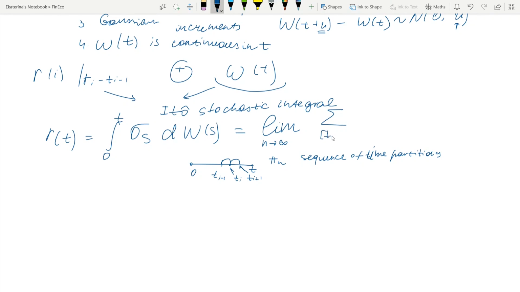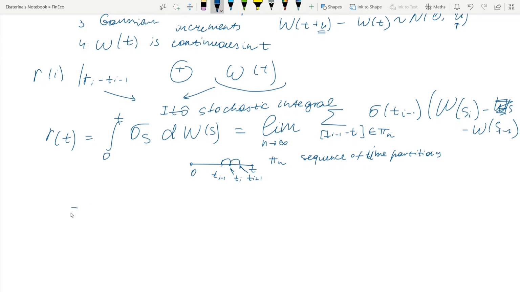So we sum our variance evolution over these tiny time partitions, and then you look at the variance of your process with respect to the change in the Wiener process. Okay, so this is horrible handwriting.